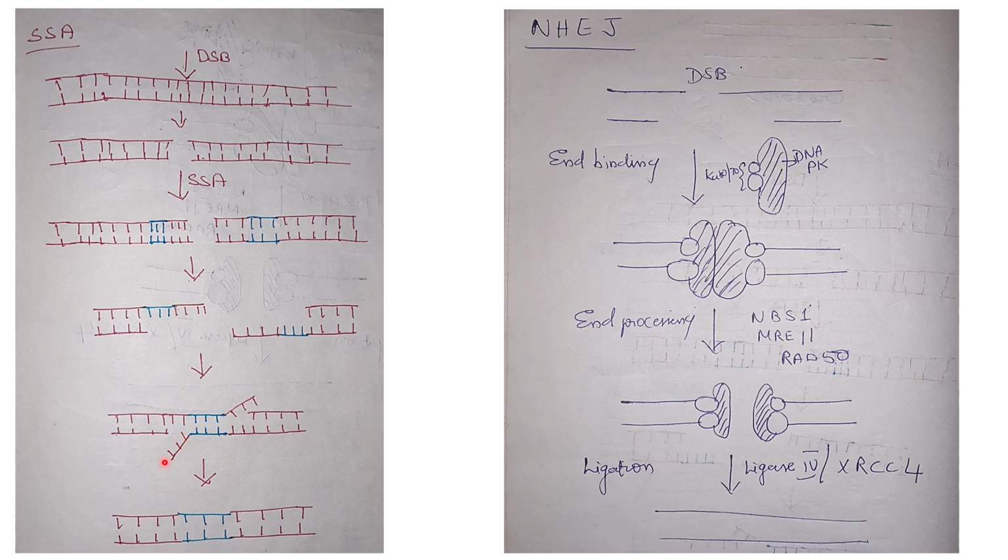Okay, so the intervening sequences of the DNA have been removed. So that is it with the single strand annealing technique, and this is also an error prone mechanism. Okay, because these sequences are deleted from the original DNA strand, it is an error prone mechanism.